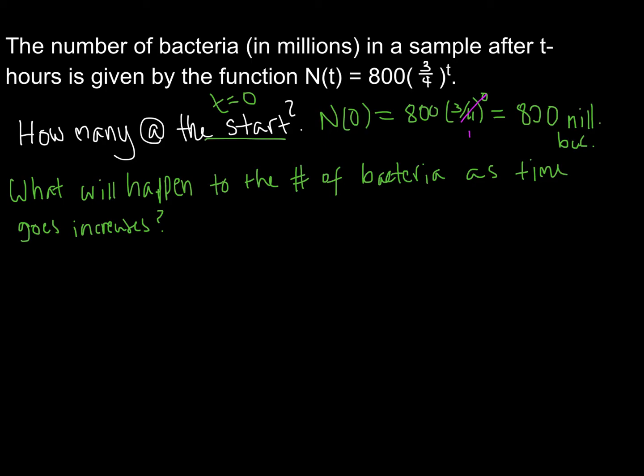So notice that t is the exponent. So as t increases, we're going to be multiplying our b value, our b constant, by itself more and more times.